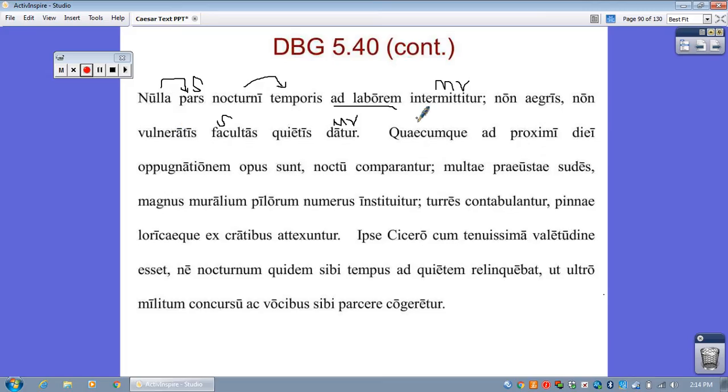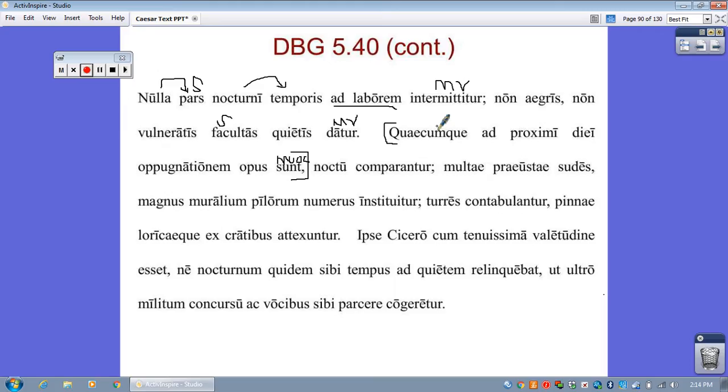So everybody's working hard. In the next sentence, it looks like we're starting off with some sort of clause, because quaecumque is one of those Q words. And I'm going to use punctuation as my friend and end it at sunt. The main verb inside the clause will be sunt. And the thing about this is opus sunt is actually an idiom in Latin that means that there is a need, or it is necessary.